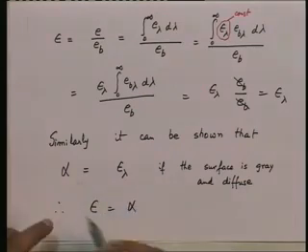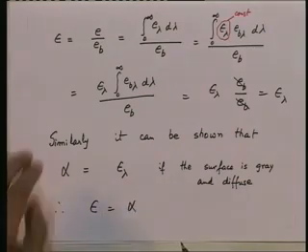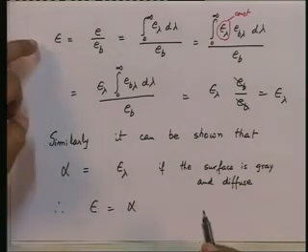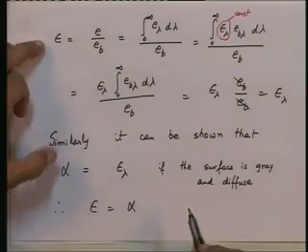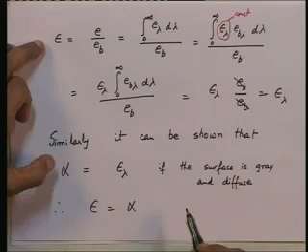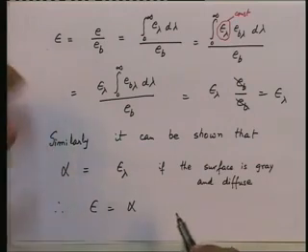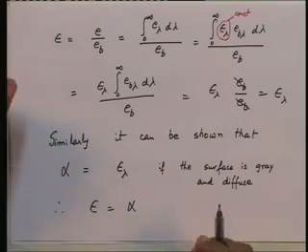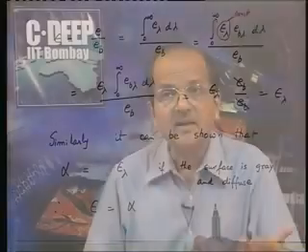I am not showing the second thing, that alpha is equal to epsilon lambda, but you can show it in the same way that we showed earlier for epsilon. Say alpha is equal to h a upon h, then go ahead and describe h a in terms of an integral and use the fact that alpha lambda is epsilon lambda, which Kirchhoff's law states, and you can show alpha is nothing but epsilon lambda.